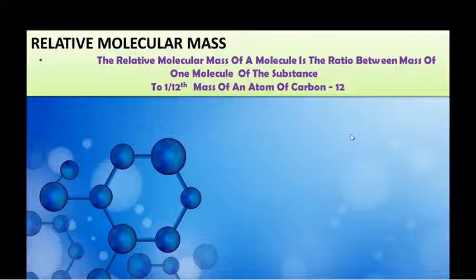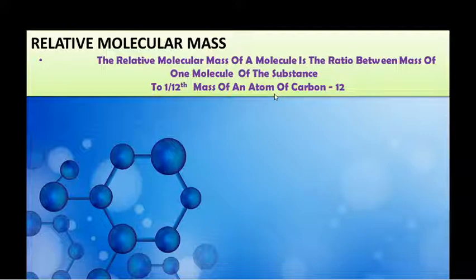Why are we comparing with carbon 12? Because carbon is found more or less everywhere in the universe. Carbon compounds are surrounded by air, and the human body also contains carbon. Compared with other elements, carbon forms millions of compounds. So nowadays they use carbon as a stable standard isotope to compare other molecules or even atoms.